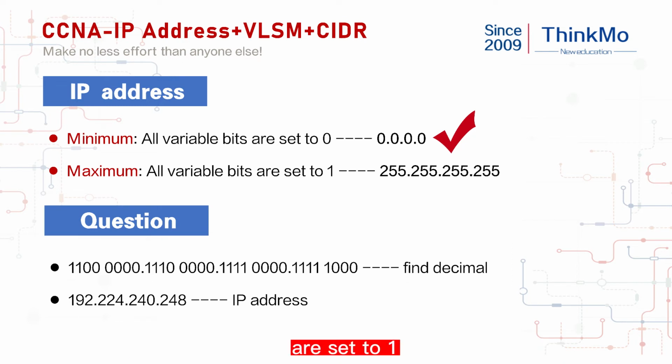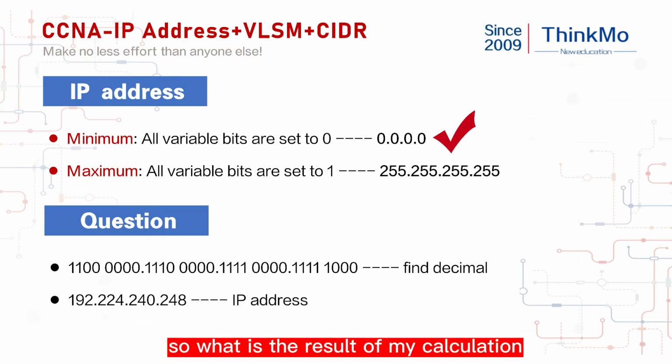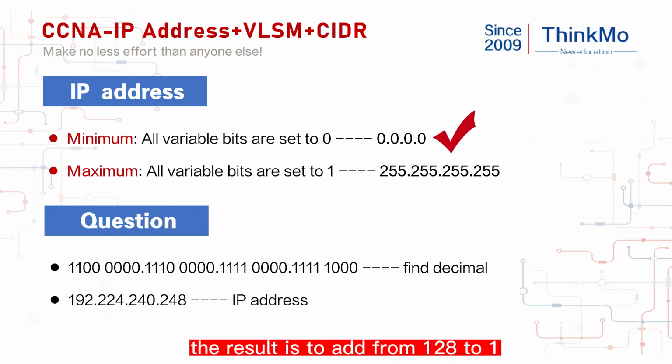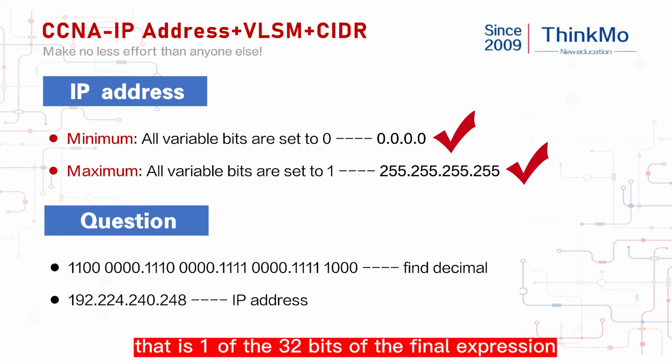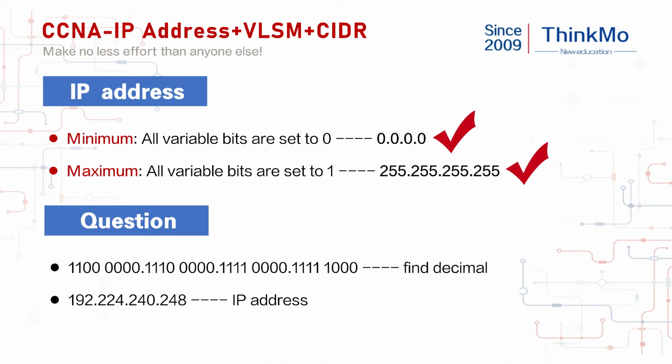The largest representation is all binary bits set to 1. So what is the result of my calculation? The result is to add from 128 to 1, which is 255. Remember this number. 255.255.255.255. That is the final expression of the 32 bits, written in dotted decimal as four 255s.